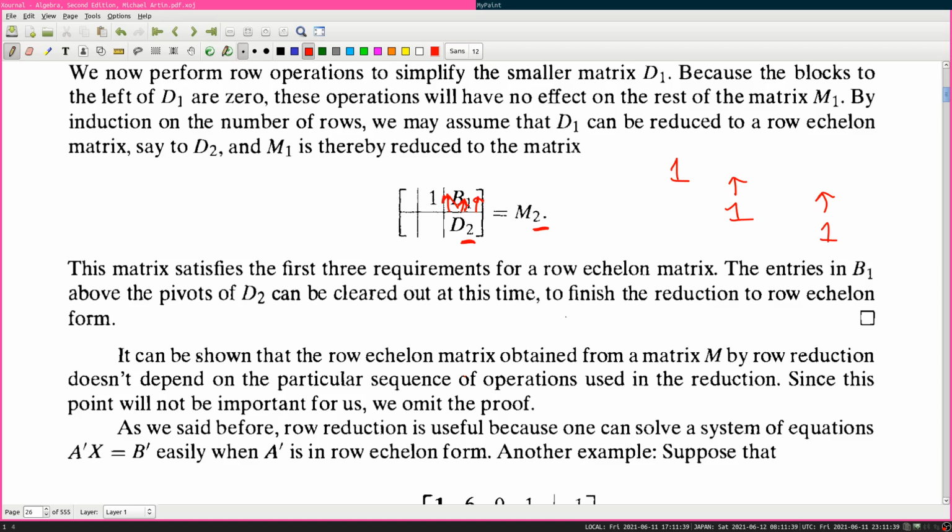By the way, a matrix is invertible precisely when its row-reduced echelon form is the identity matrix. In particular, that means only square matrices can be invertible. That's important. Since this point will not be important for us, we omit the proof.